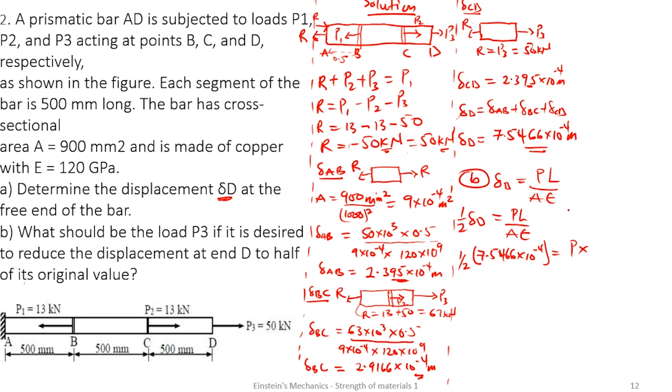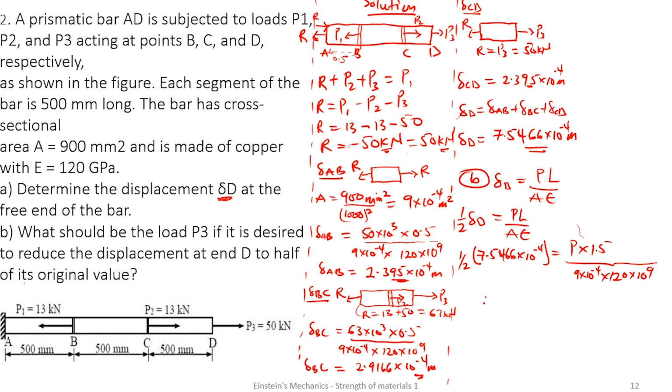The L is for 1.5 over the area and the E, the same area, which is 9 times 10 negative 4, the same E, 120 to the power 9.